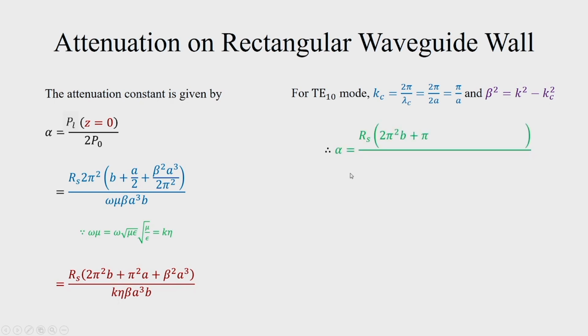So, if we now substitute this beta squared as k squared minus (pi by a) whole squared, then the expression for alpha becomes as shown here, and on simplification it becomes alpha equal to R_s (2 pi squared b plus k squared a cubed) divided by k eta beta a cubed b.